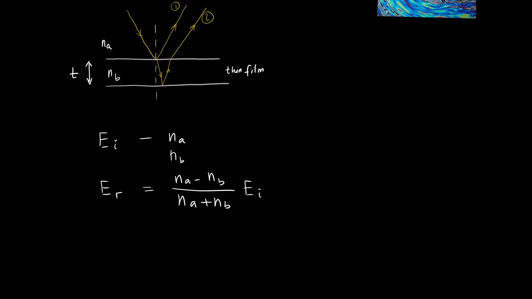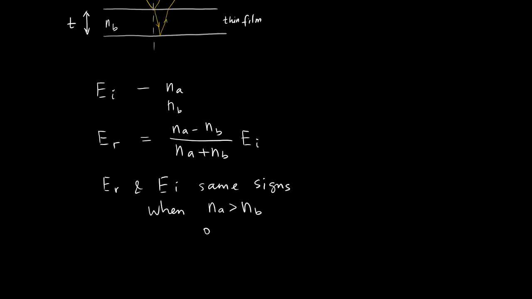What can we say about this result? The result shows us that incident and reflected amplitudes, ER and EI, have the same sign when NA is greater than NB, and they have opposite signs when NA is less than NB.